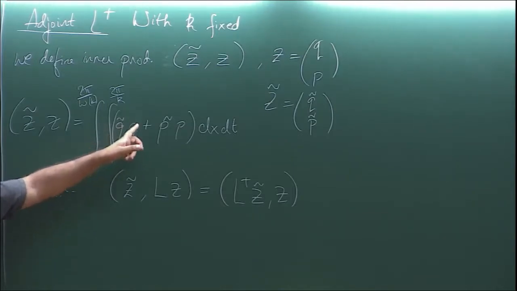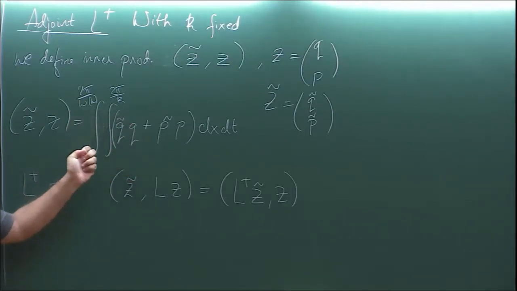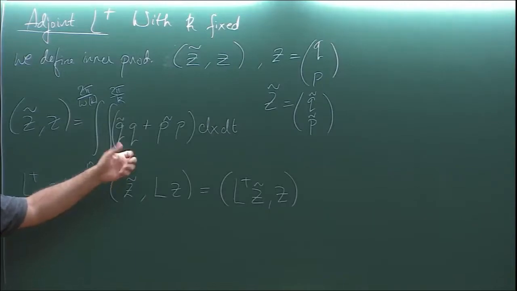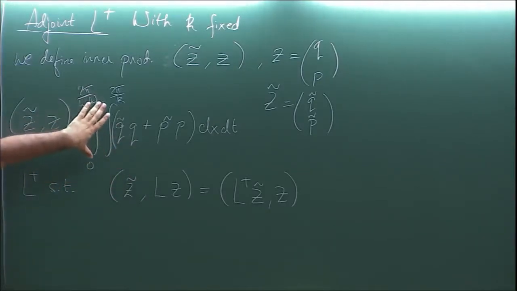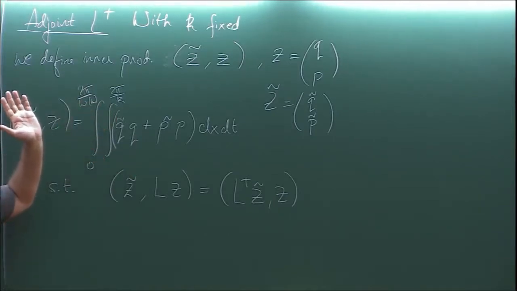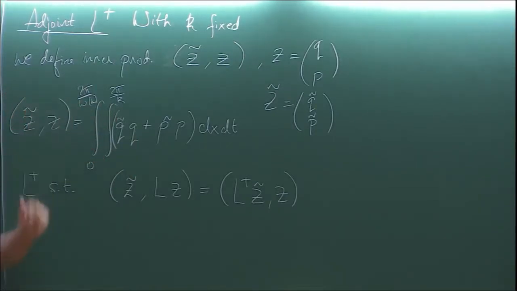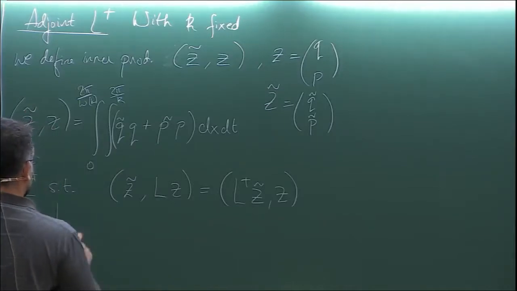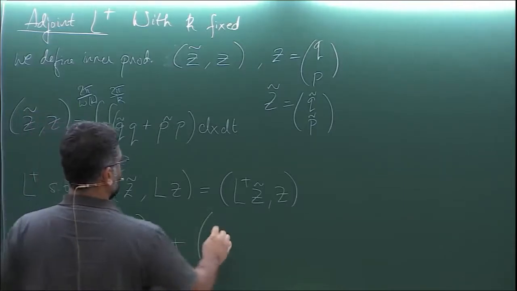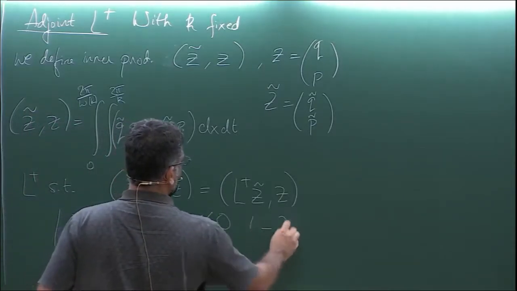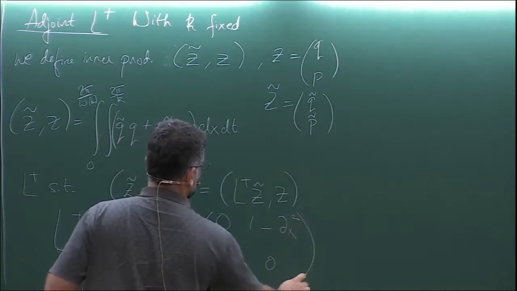So originally you will have a dq dt. You want to pass that on to a dq tilde dt. So you'll get a minus sign when you do the integration by parts. We've got periodic boundary conditions, so the boundary term doesn't matter. With that, I can write down L dagger to be minus d dt, 0, minus 1, 1 minus dx squared, 0.